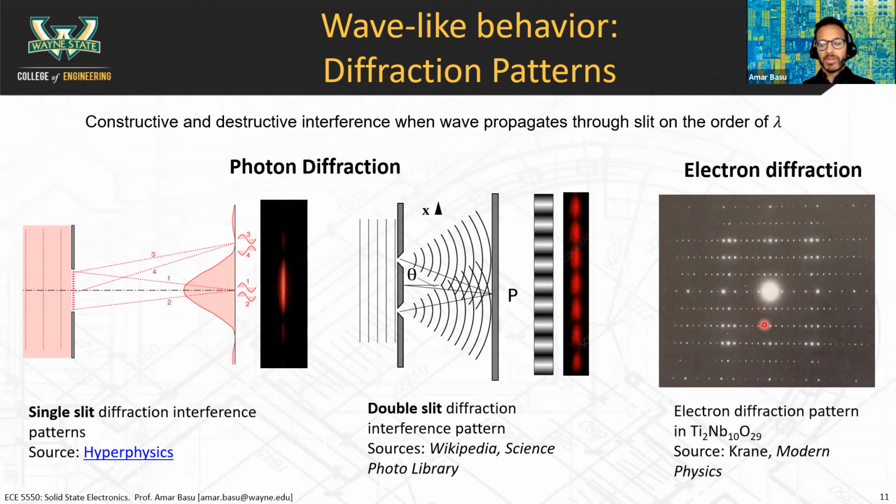And they form certain patterns, just like these single and double slit experiments. The radiation actually hits a portion of the atom and then it bends off in a certain direction. So you have radiation coming in from a certain direction, but that radiation is getting bounced off in different directions due to the atomic structure. And what you end up getting is these diffraction patterns, electron diffraction patterns.